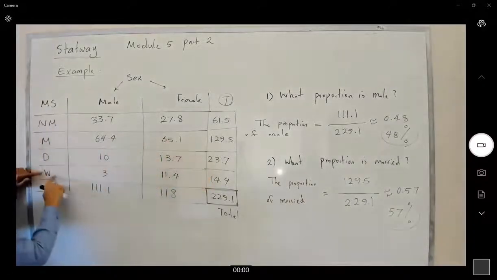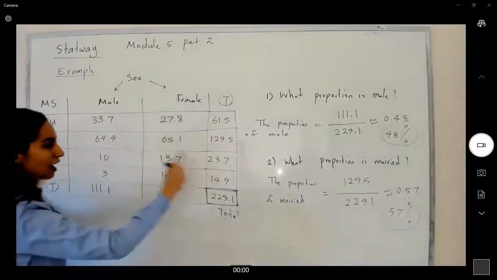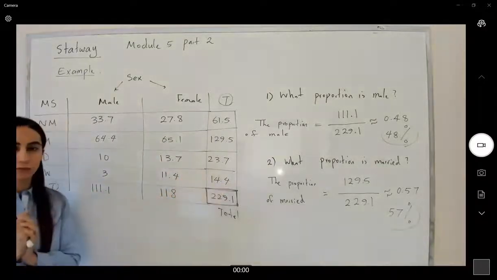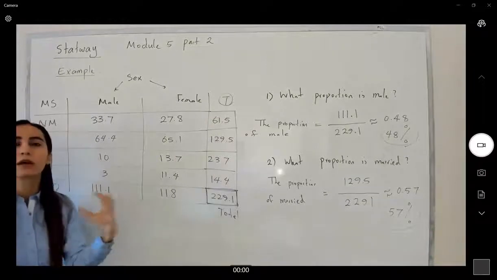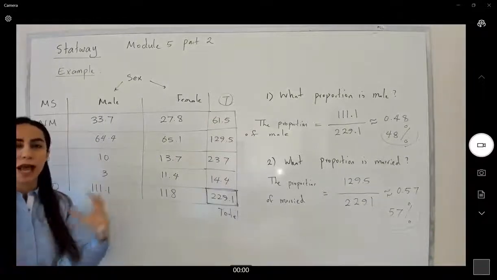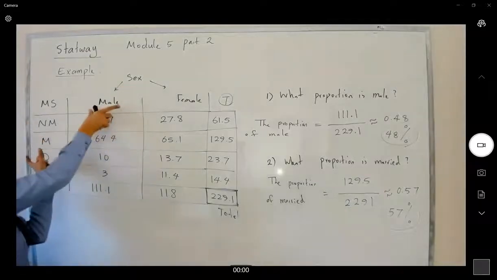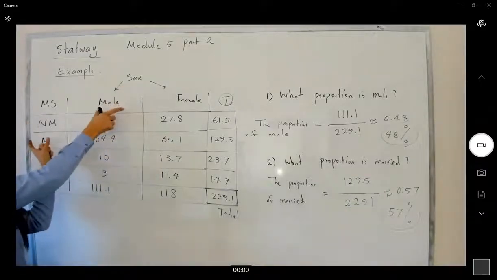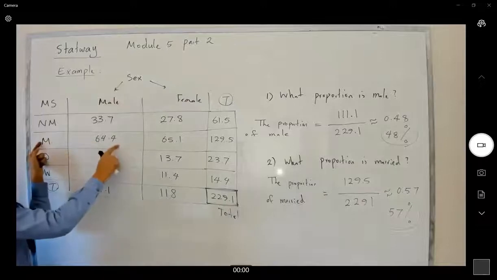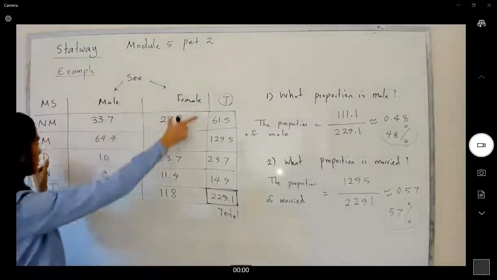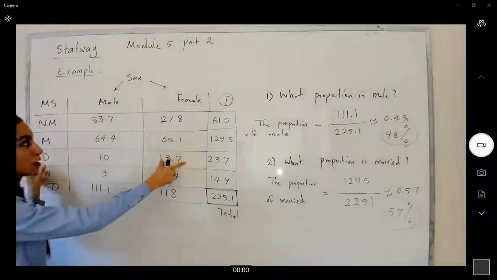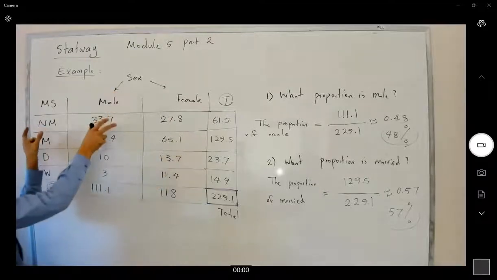You can answer the proportion of widowed adults in the United States. You can also combine these categories and see the connection between different categories. The proportion of males who are married, the proportion of females who are divorced, the proportion of males never married.